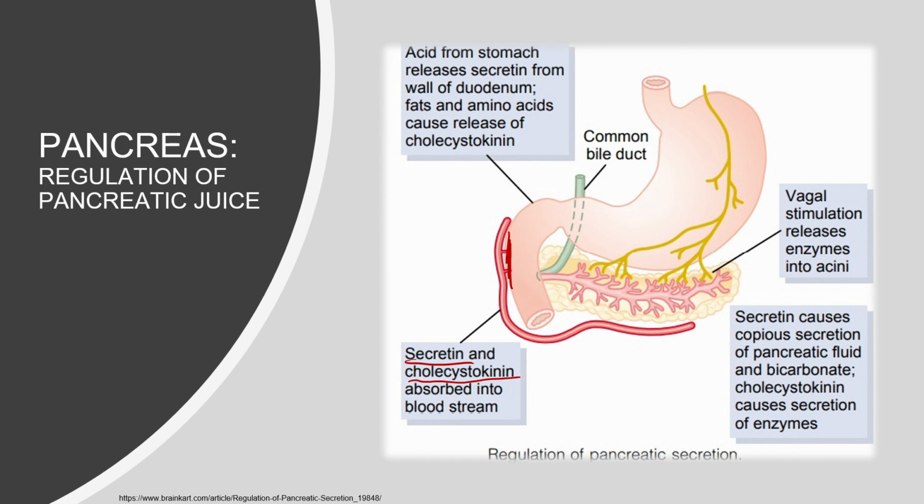Then we have secretin, which has almost the same pathway as cholecystokinin, but secretin is secreted in response to acid in the duodenum, whereas cholecystokinin is secreted in response to partially digested proteins and fats. Its effect on the pancreas is to stimulate duct cells to secrete water and bicarbonate in order to neutralize our chyme.